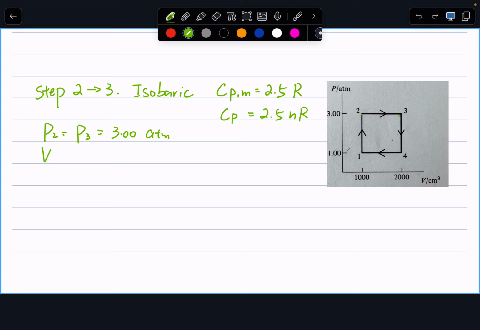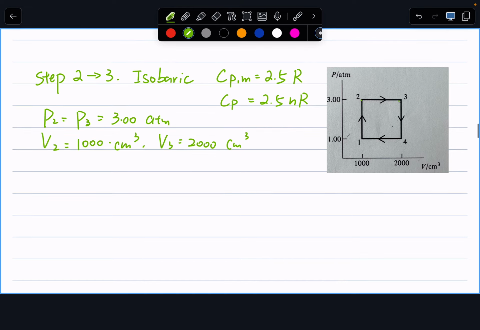My V2 equals 1000 cm cubed, V3 equals 2000 cm cubed. So we have enough information now to solve for my work, heat, and delta U.